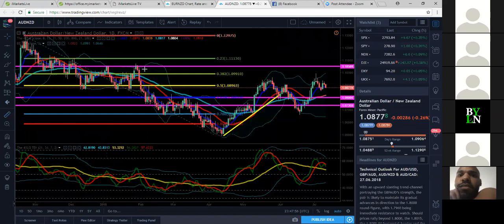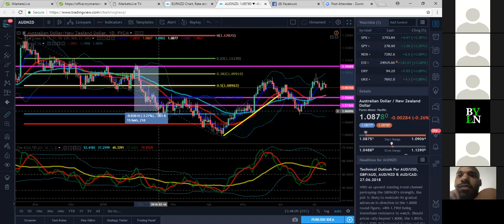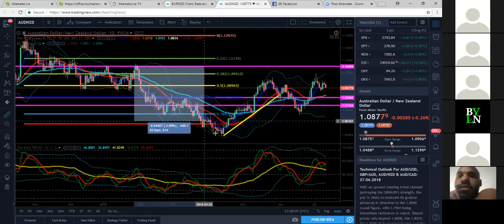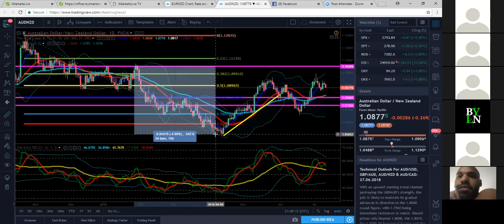Let's see what she did. You could have grabbed it to here, or you could have taken that bad boy all the way down here. 547 pips. That's a lot of pips.